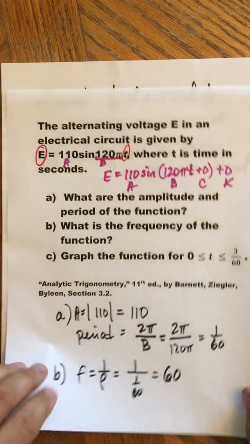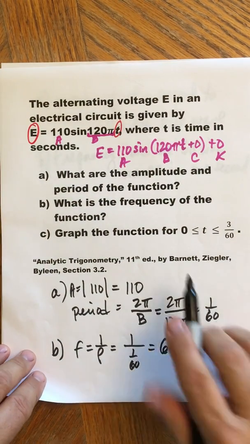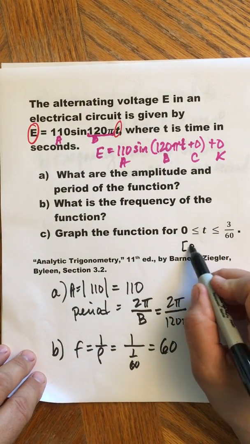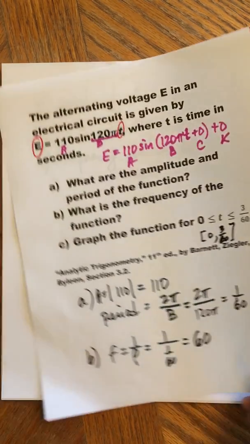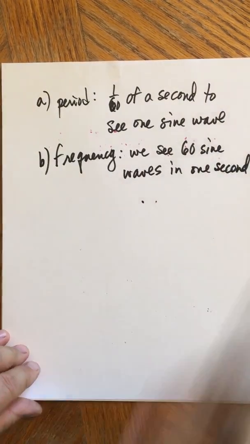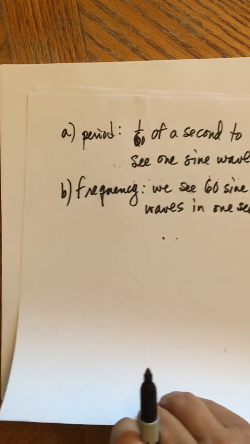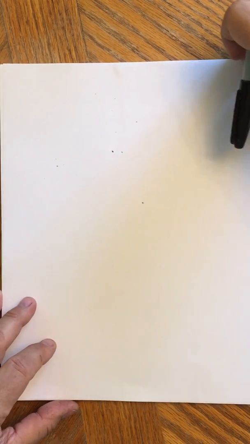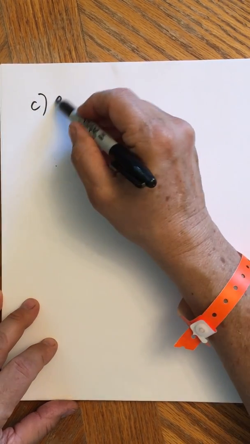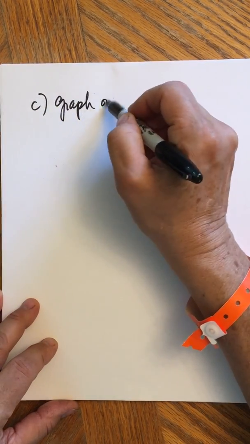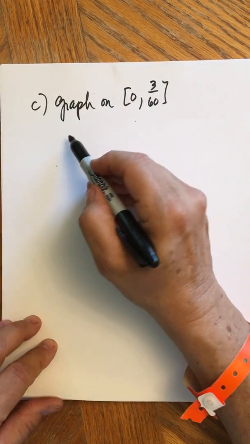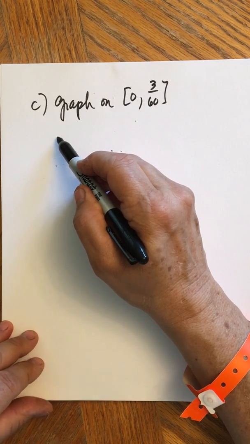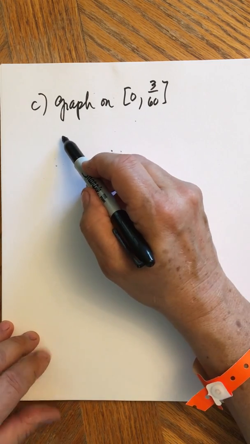Now we want to graph the function on the interval 0 to 3 over 60. We already have some information to help us graph. We already know that the amplitude is 110 and it's positive.